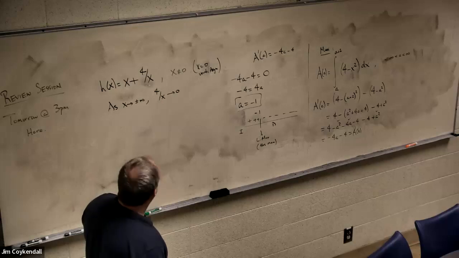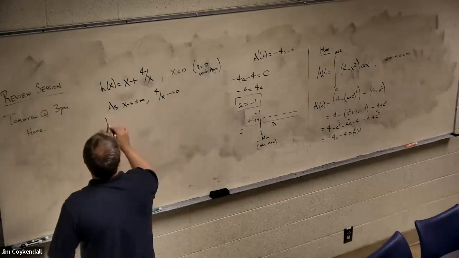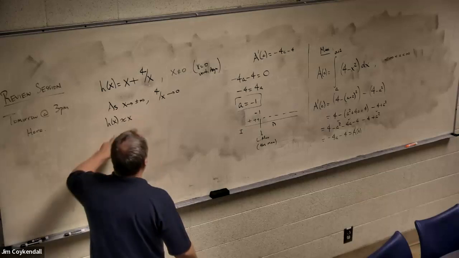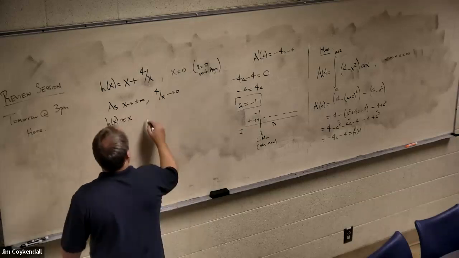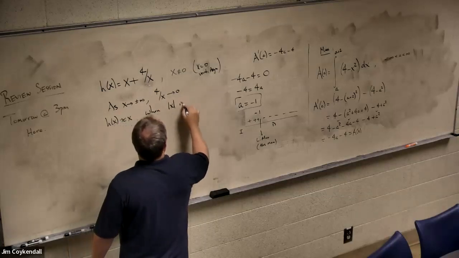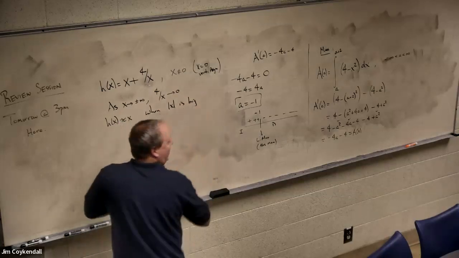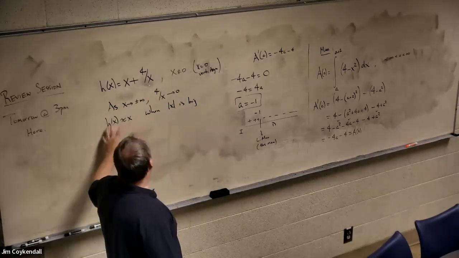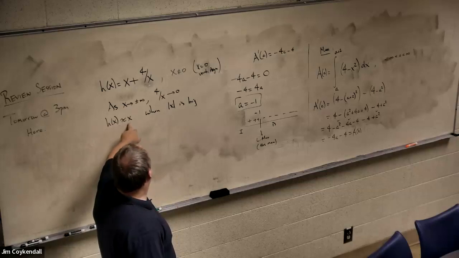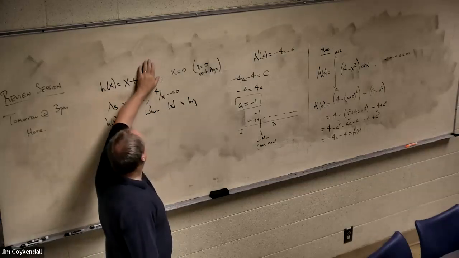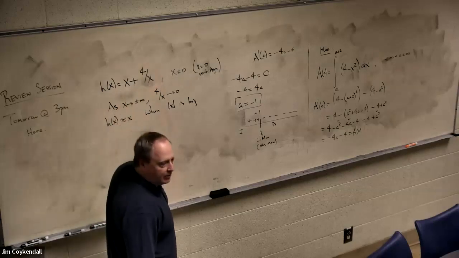So this means h of x is very close to x when x is a big positive or large negative number.